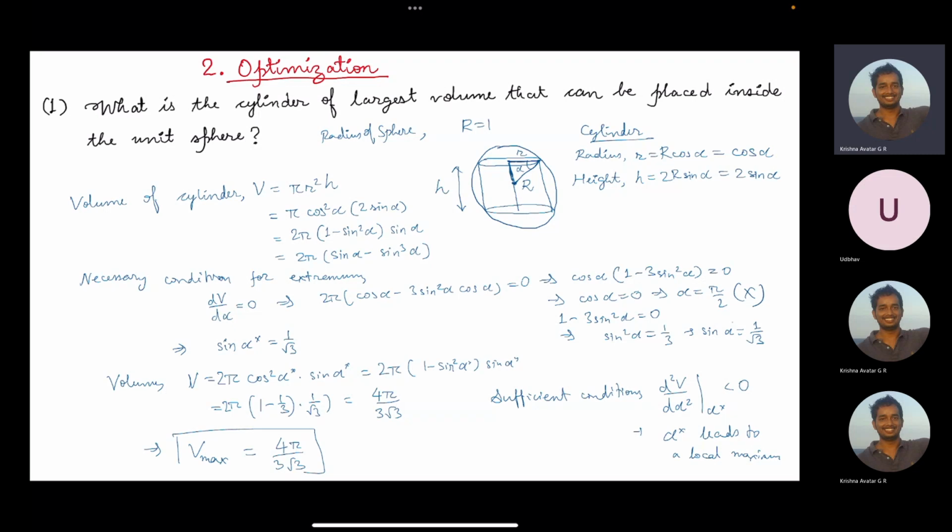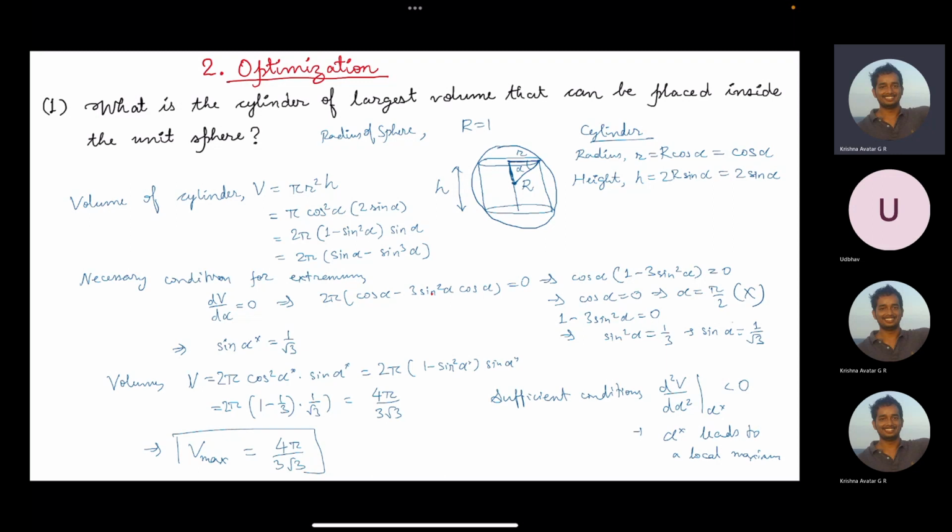This implies 2 pi into cos alpha minus 3 sine square alpha cos alpha is equal to 0, which implies cosine alpha times (1 minus 3 sine square alpha) is equal to 0. This implies that cosine alpha is equal to 0.